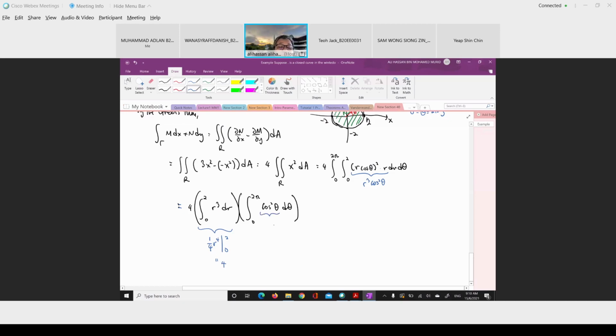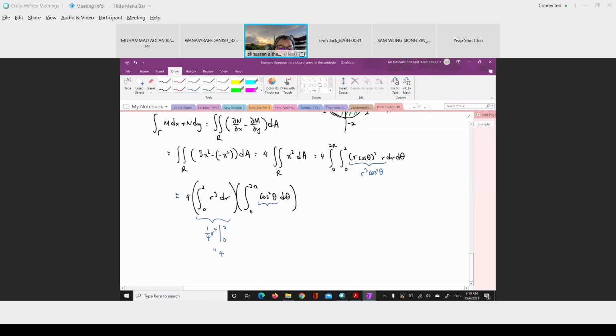How do we evaluate the second integral? First, we change cosine squared theta using an identity. It is important for you to remember some trigonometric identities. Cosine squared theta is equal to (cosine 2 theta plus 1) over 2.